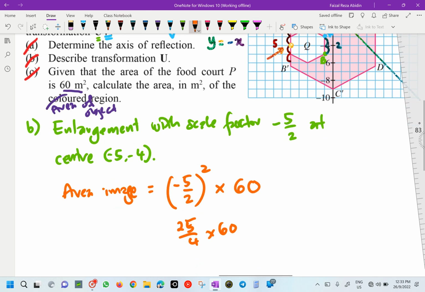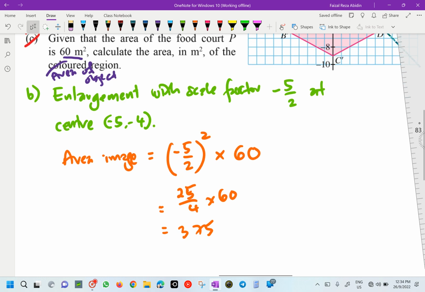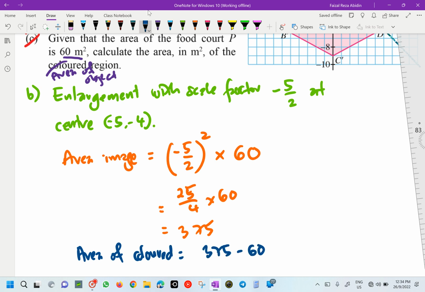So 15 and you are going to get 375. That's the area of the whole image. But the question is asking for the colored region, which is the shaded. So we are going to minus the 60. So the area of colored is 375 minus 60. We are going to get 315.